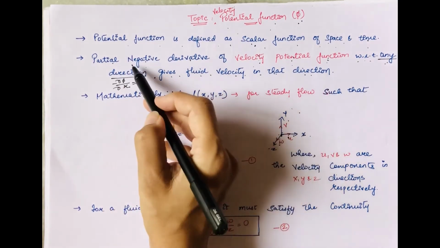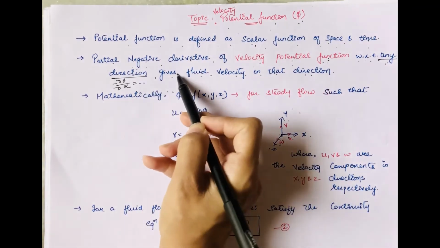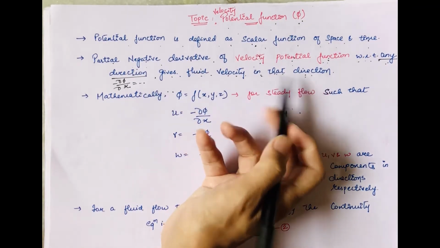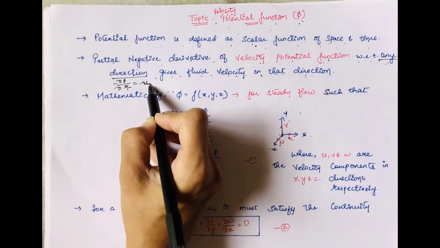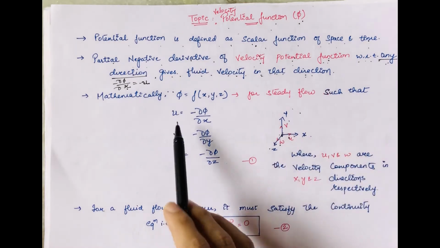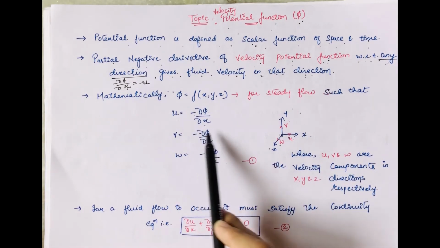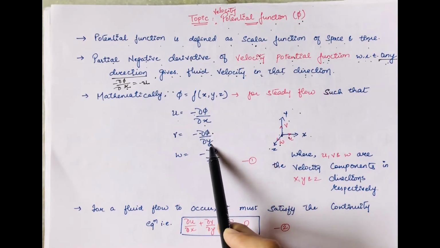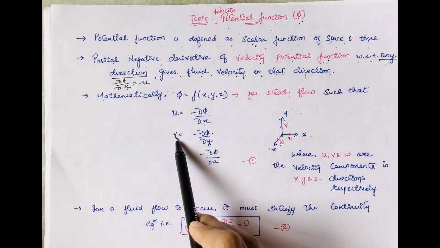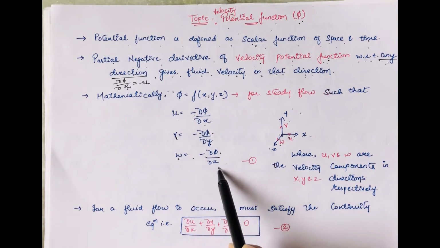So what is the fluid velocity in x direction? It is small u. So here you can see u is equal to minus del phi by del x. Then the negative partial derivative of phi with respect to direction y gives the velocity component in direction y, which is v, and similarly for w, that is w is equal to minus del phi by del z.